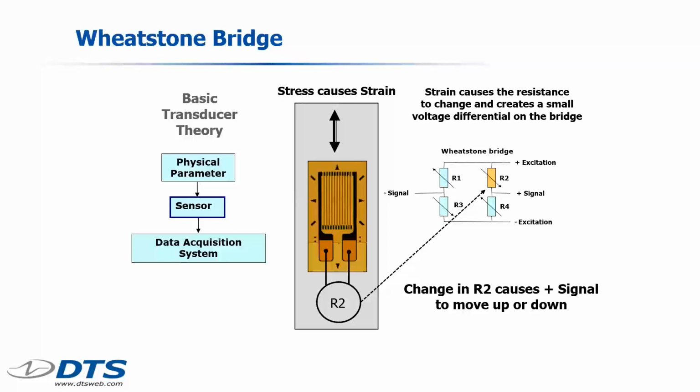That change in length causes a tiny change in resistance in R2. And then, consequently, we have a small change in the signal between the plus and minus signal outputs. So, stress, meaning strain of tension or compression, causes the signal to move up or down.